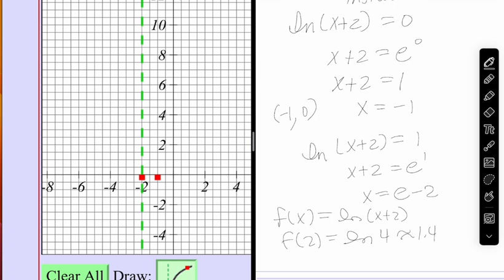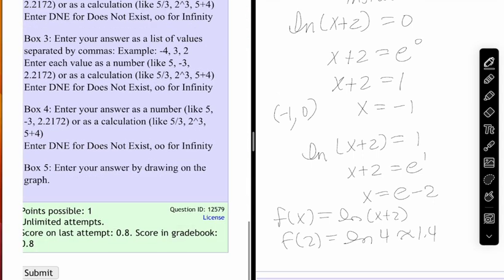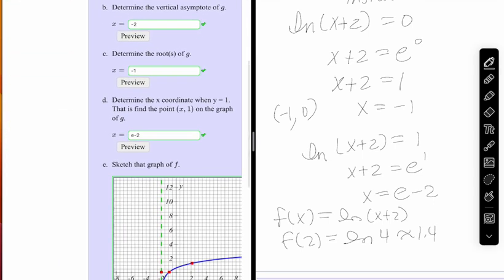So we're going to go over to 2 and try to pinpoint where 1.4 is. That's a little better. Yeah, so there you go.